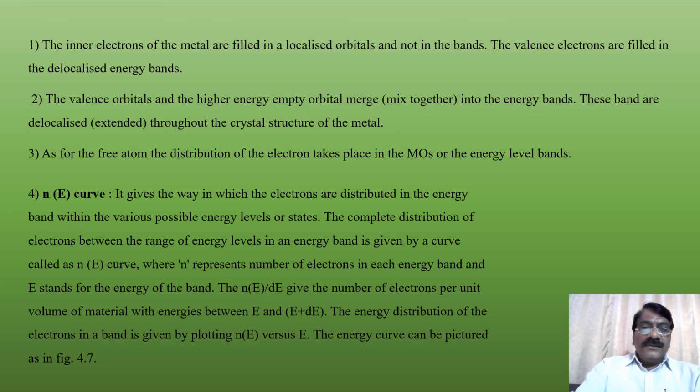The complete distribution of electrons between the range of energy levels in an energy band is given by a curve called the N(E) curve, where N represents the number of electrons in each energy band and E stands for the energy of the band.